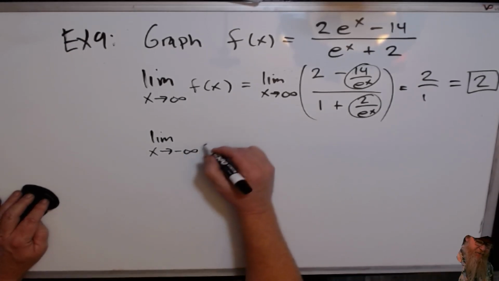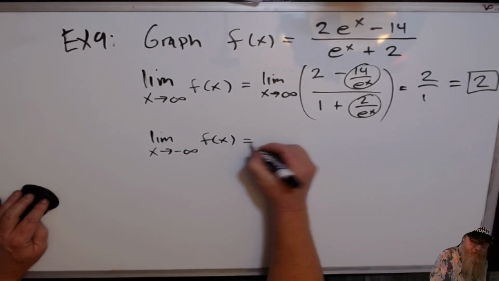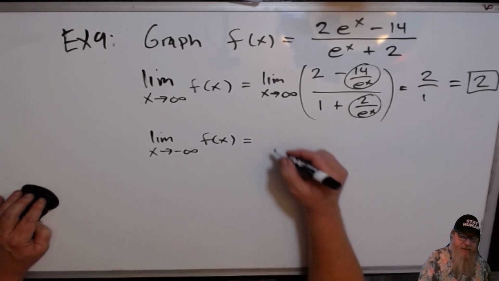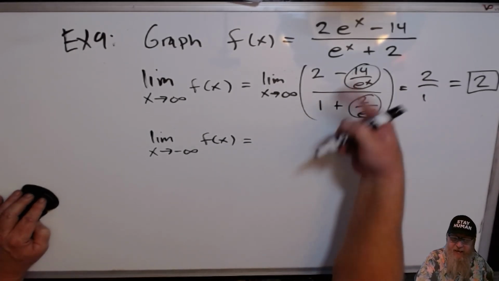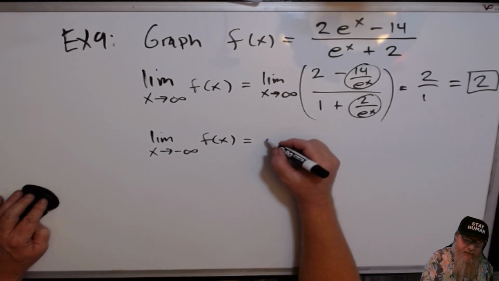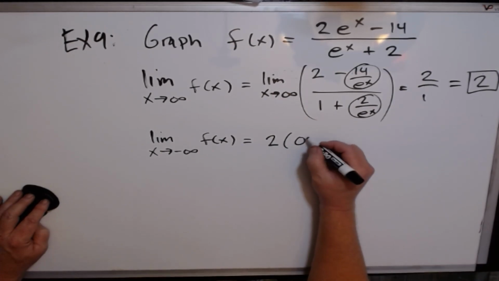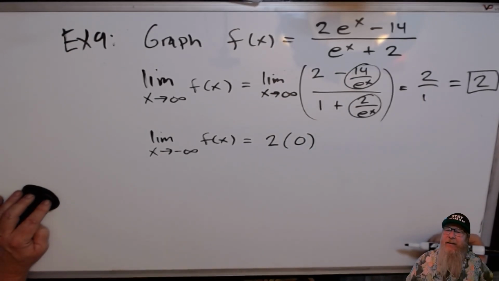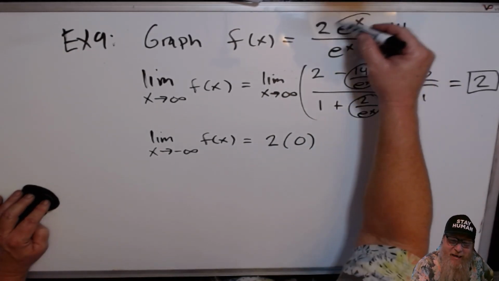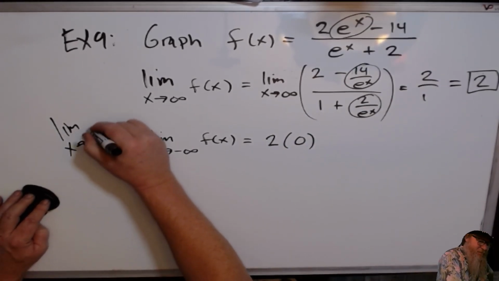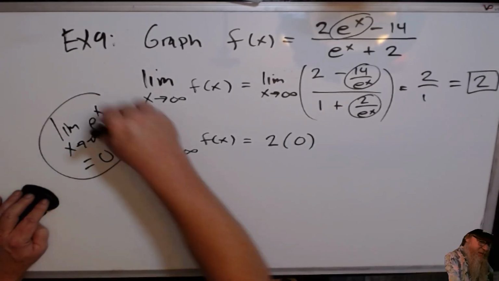The negative infinity limit, again, I'm going to leave it as negative infinity. Yeah. It's going to be 2 times 0. Right? Because I know that e^x is 0.